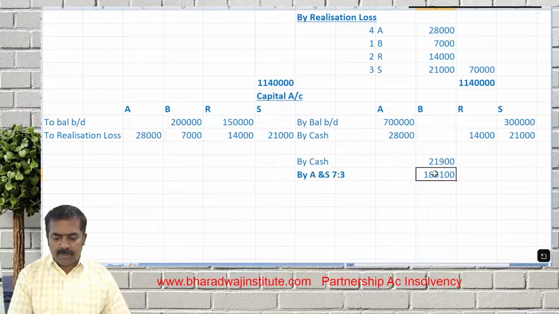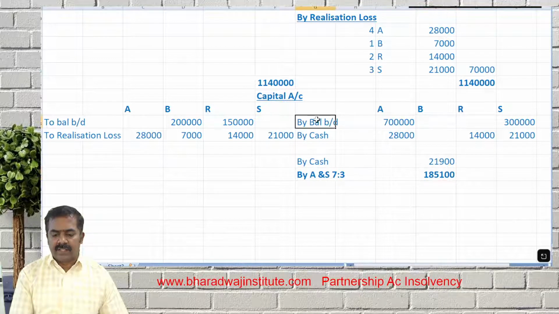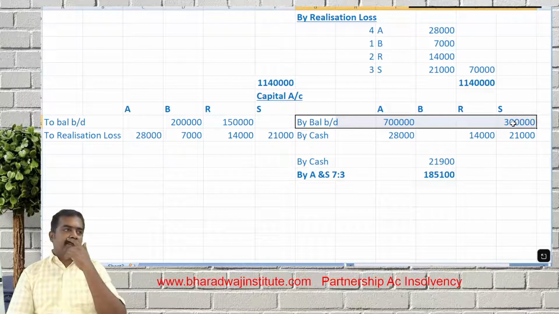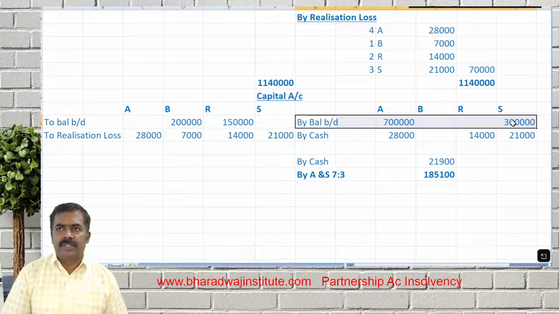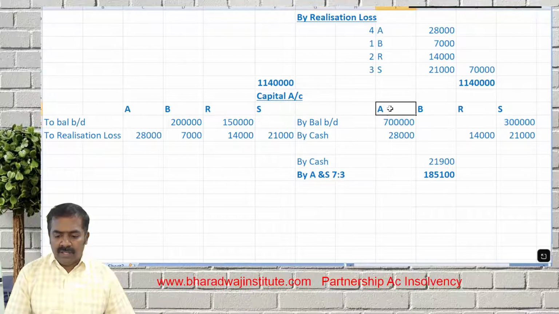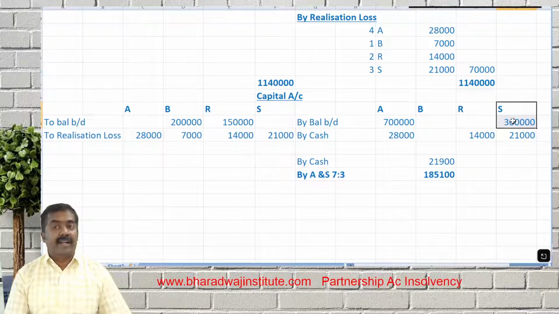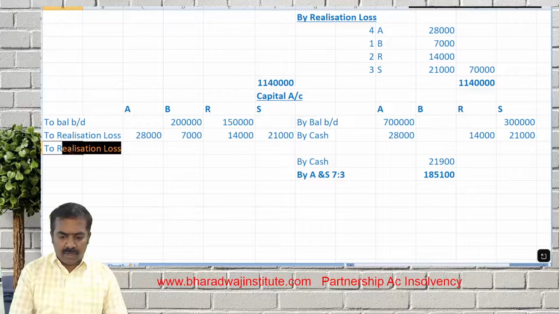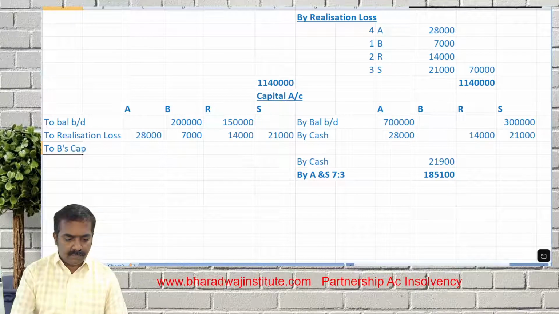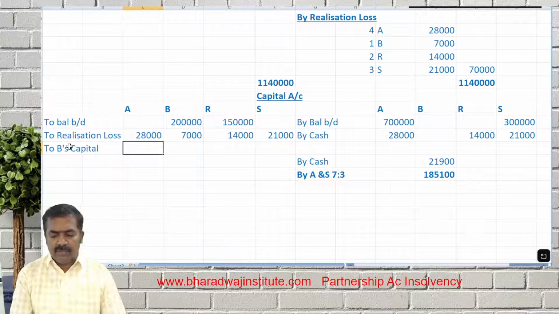The deficit should be borne by solvent partners. Here there is no capital adjustment, no general reserve, no P&L adjustment, no miscellaneous expenditure. Only A and S have positive capital. So in the 7:3 ratio they will share the loss. So to R's capital, S, and whose capital? B's capital. How much will be borne by A and R?